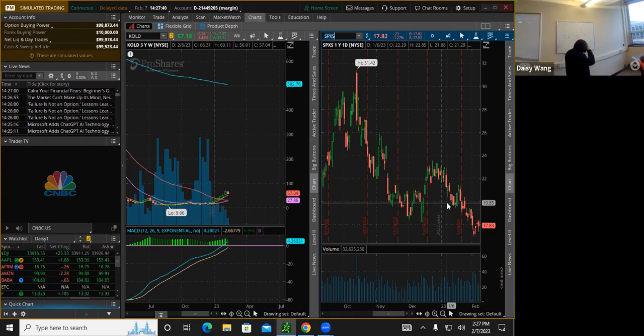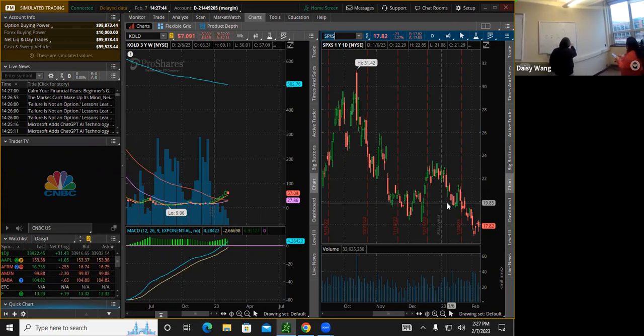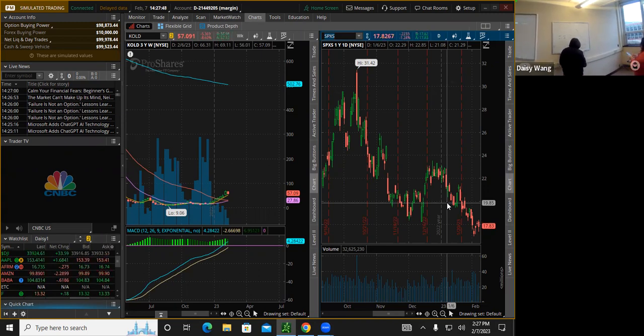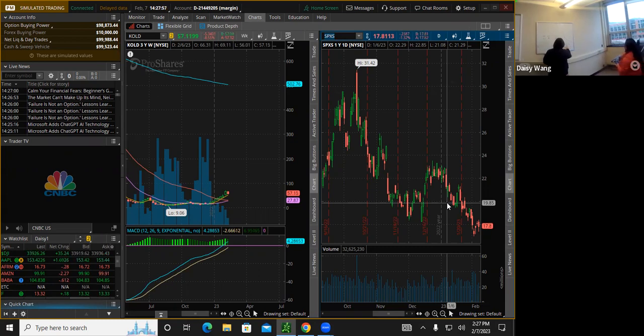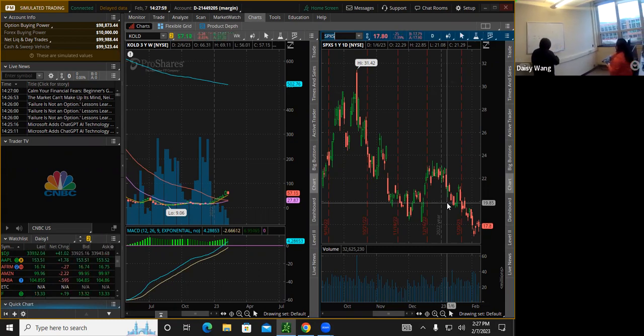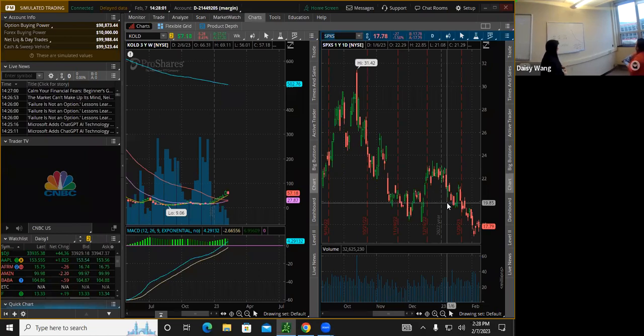So he's basically saying it's going to be here. He's saying sell a call here, sell a put here. You collect the premium for selling those two. And no matter what the market does in between, you collect all that money. That's basically what he's saying.